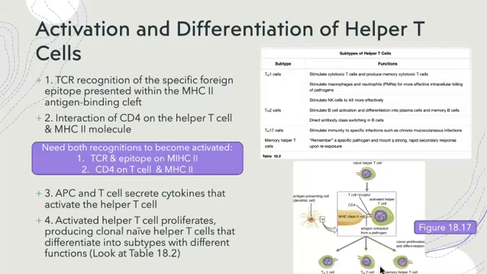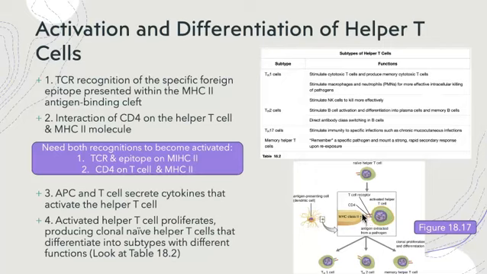So in order to achieve activation, we have our T cell here that is going to be presented with a MHC class II molecule with that foreign antigen presented on it, and that is binding to our TCR. So we get TCR recognition of that foreign epitope or antigen there.